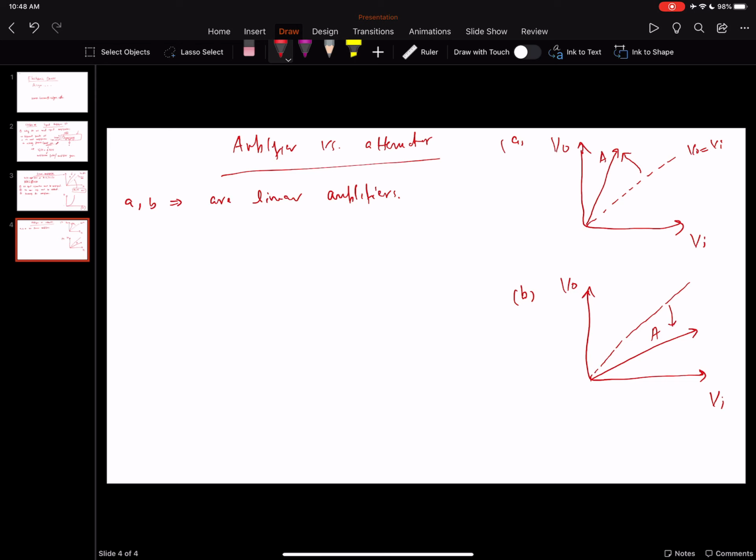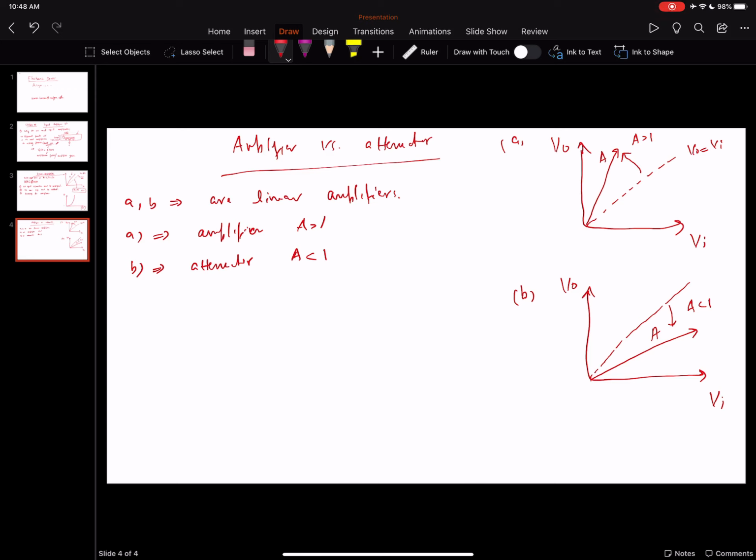Anything below this dotted line means that the signal is being attenuated. So this means that A is greater than 1 over here, and over here A is less than 1. So your A is an amplifier, A is greater than 1. Your B is an attenuator, A is less than 1. Okay, great.